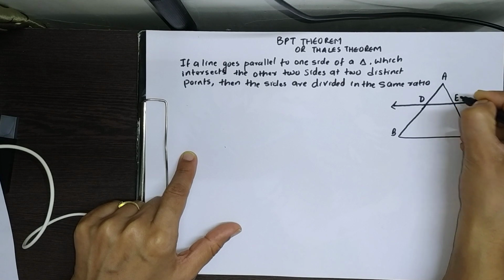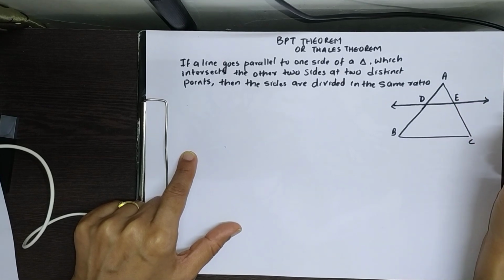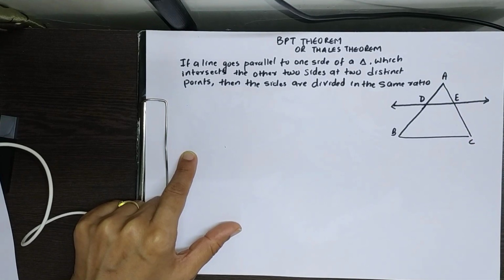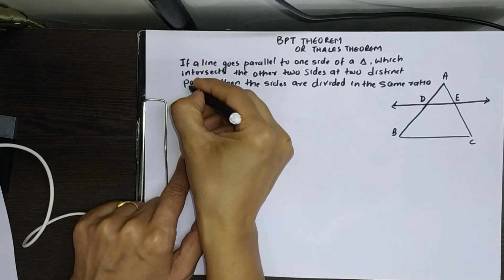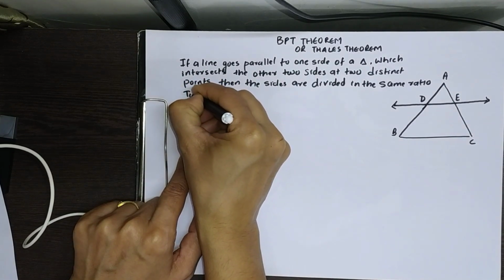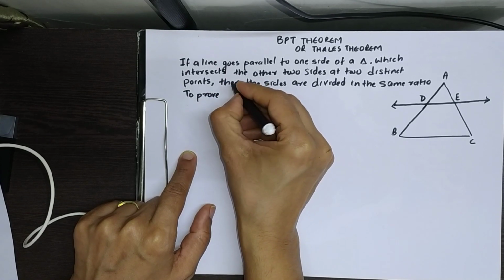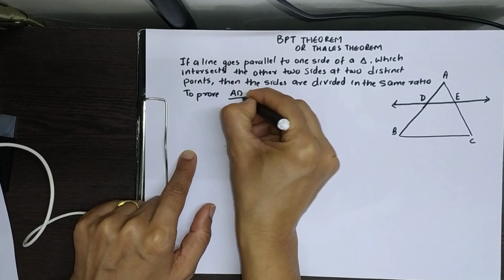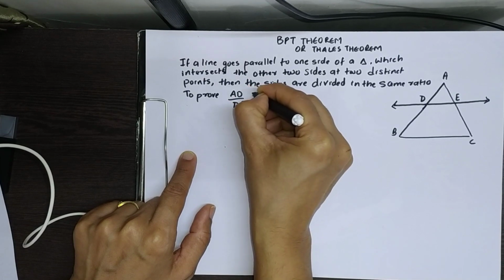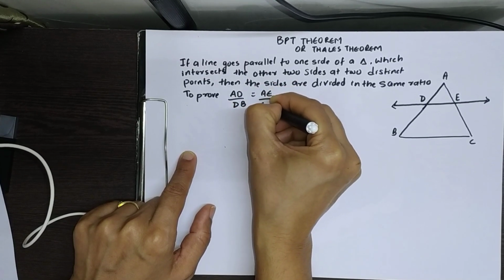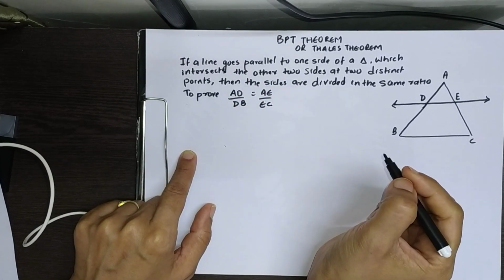Let those 2 points be D and E. So what the theorem says is, the sides AB and AC are divided in the same ratio. So what we have to prove is, if this line goes parallel to BC, then AD upon DB is equal to AE upon EC. Okay.